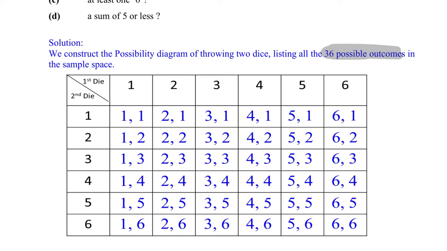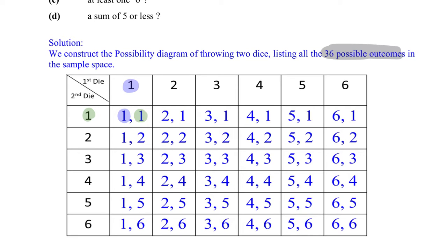Okay, how to read this? I'm going to just highlight to you. If this is my first die, then the first number I've gotten after I throw that first die is 1. This is my second die, and the second number that I got from throwing the second die is 1.